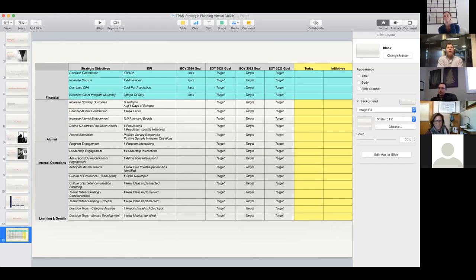Yeah, because we have to look at these things and see how they're connected, right? So if we talk a lot about alumni engagement, well, we're not doing alumni engagement for alumni engagement's sake. Alumni engagement has a purpose, even beyond that. So a lot of these things are all connected. It's just mapping it out and saying, okay, how does alumni engagement affect recovery outcomes?